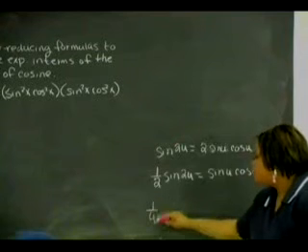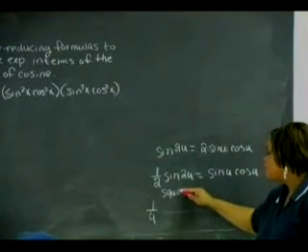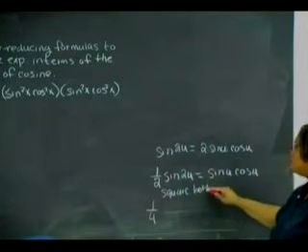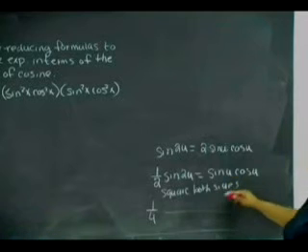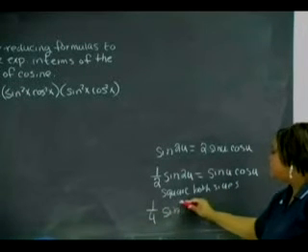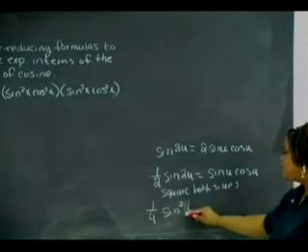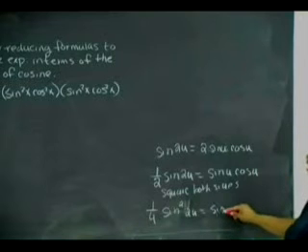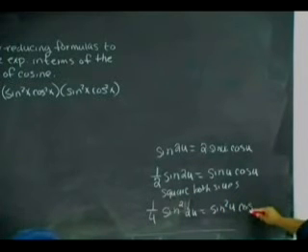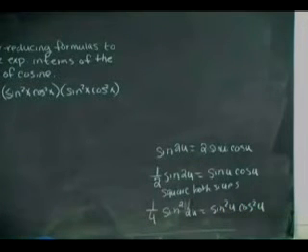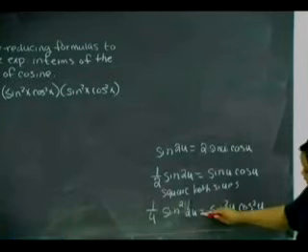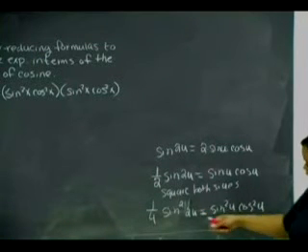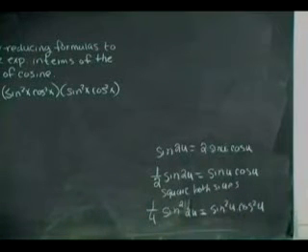I get 1/4 times sine squared 2u equals sine squared u, cosine squared u. So I can essentially replace this with that sine squared, cosine squared. Here u is x.